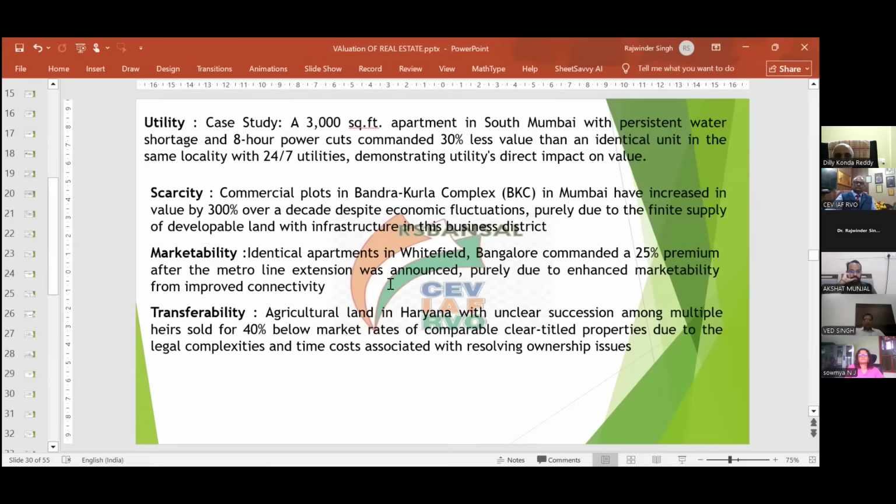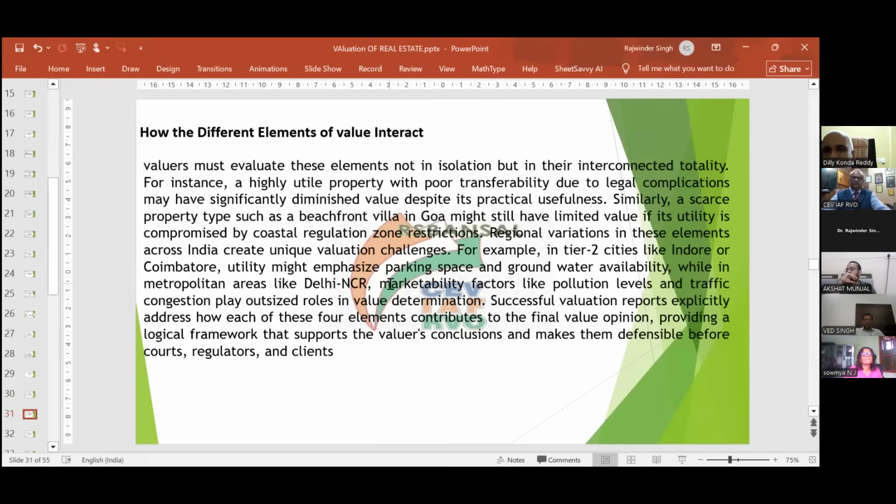So it is not that, okay, first we will take some examples that will make the things more clear, some case studies. Now we will consider how these four elements interact with each other to produce a particular value.